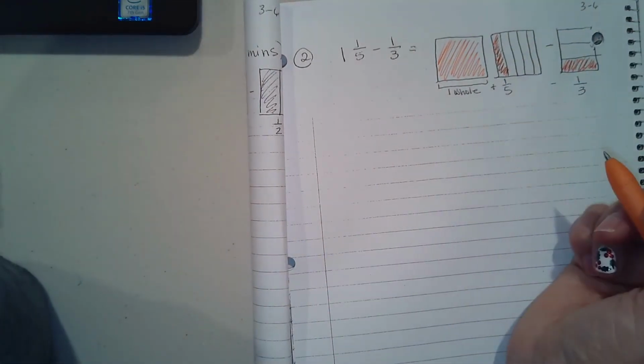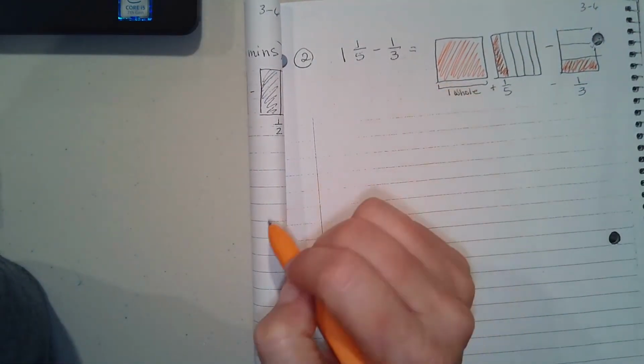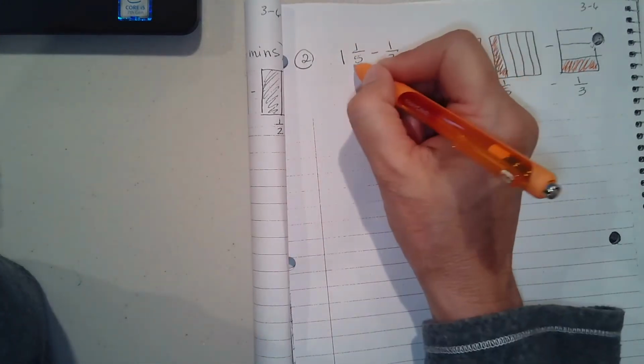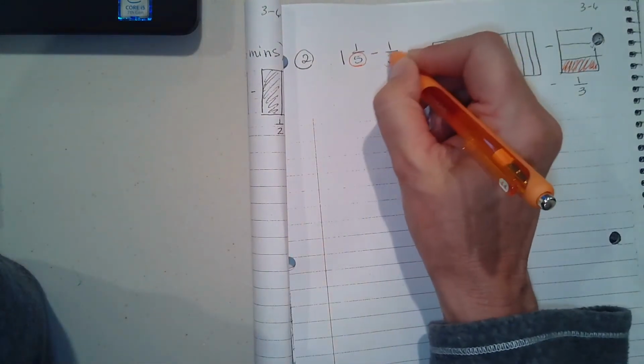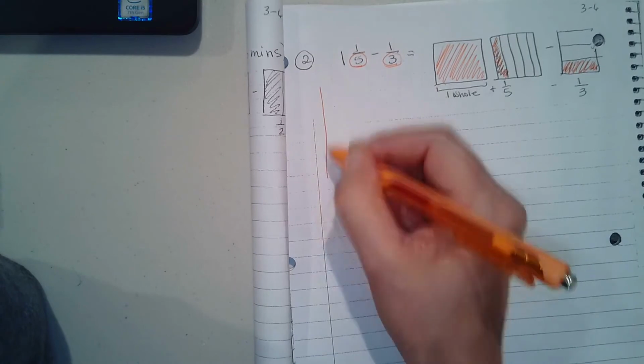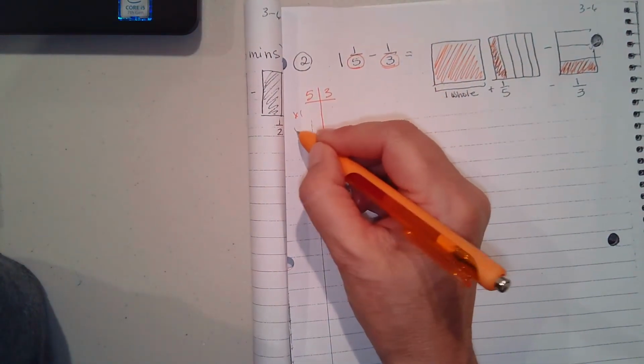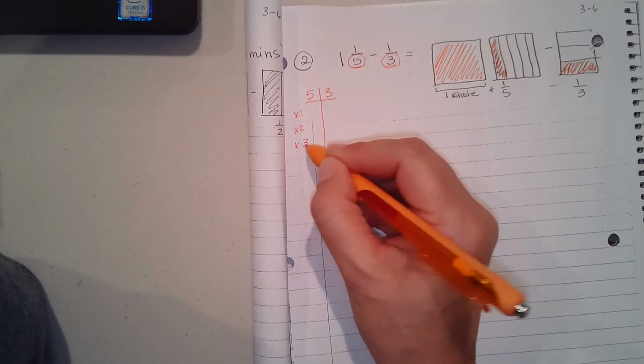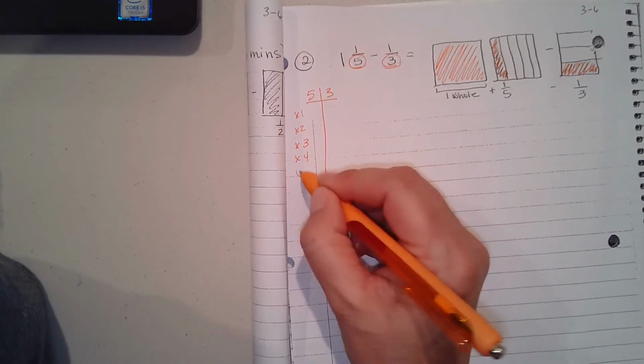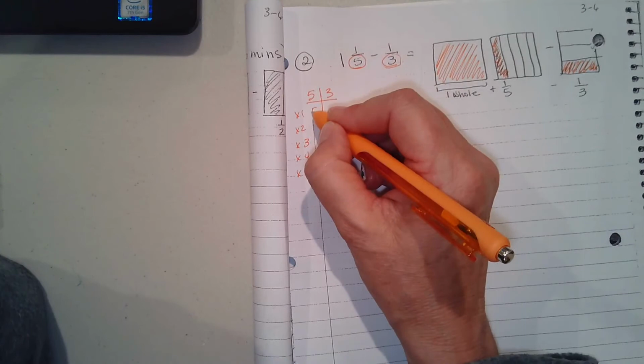So what do we have to do first? Are these like units? No. This is 5 and this is 3. So we have to scoreboard. If you haven't figured it out yet, you can scoreboard. Hopefully you're starting to catch on.